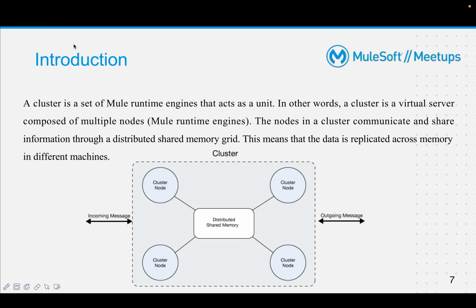So if they have a Mule runtime with multiple nodes, the load will be distributed between these servers. You can see that it is going to share the same memory and be in a single cluster with different nodes. When I say node, it is a single runtime.